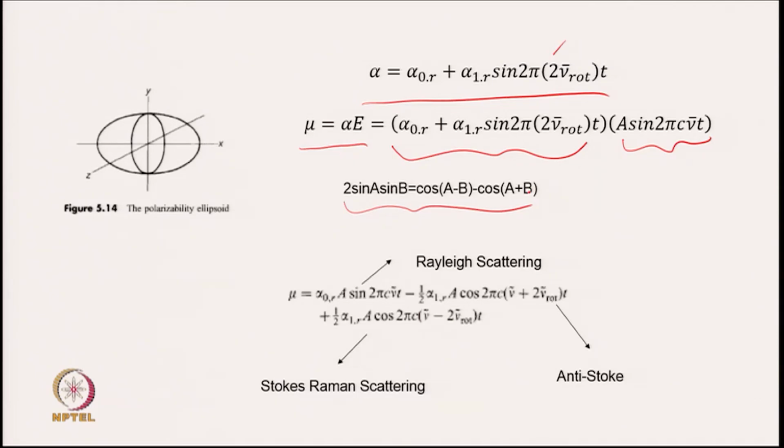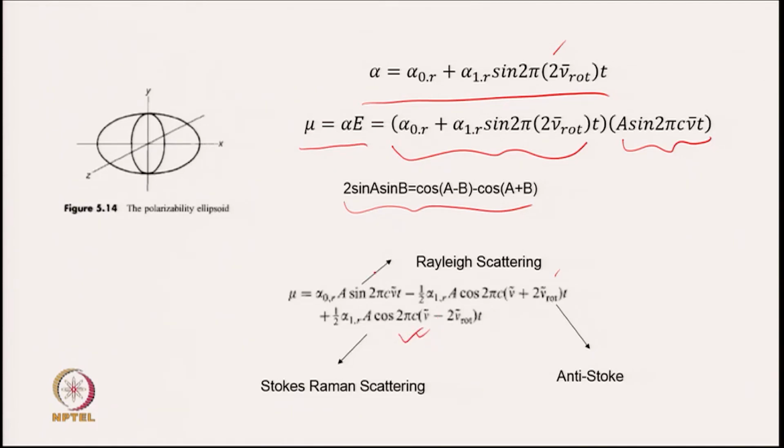If you multiply this alpha into E, you will get the first term. The second term you can see is nu bar plus 2 nu bar rotation, so here your frequency is increasing, and the third term is nu bar minus 2 nu bar rotation.